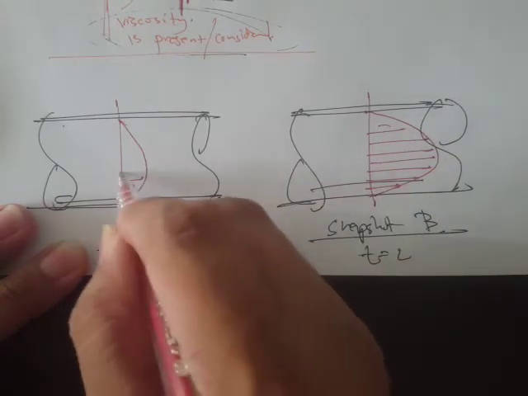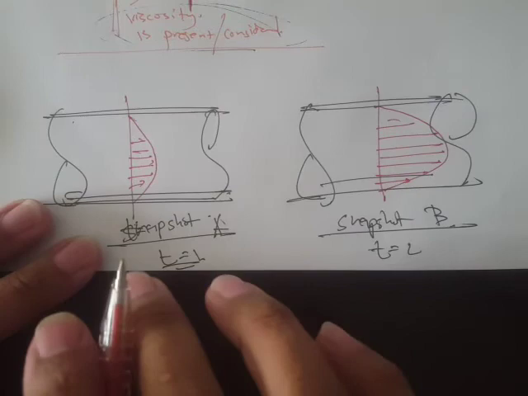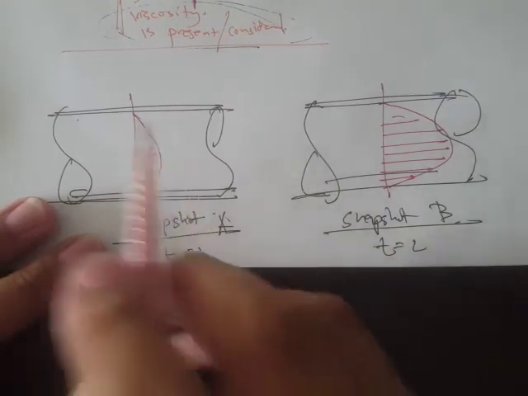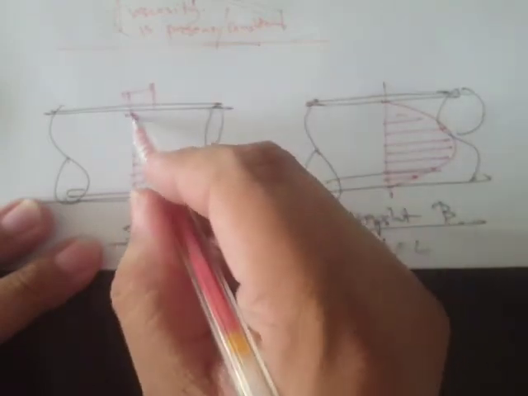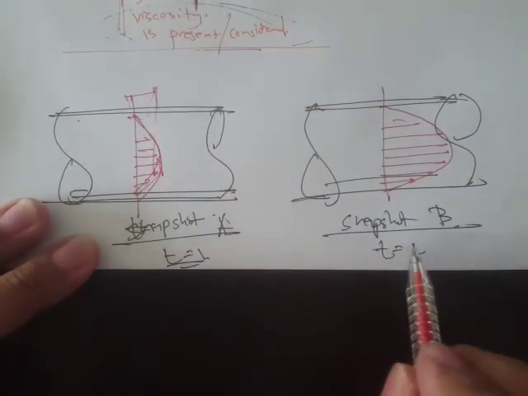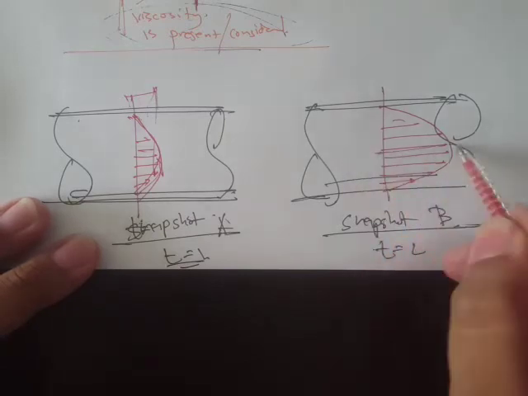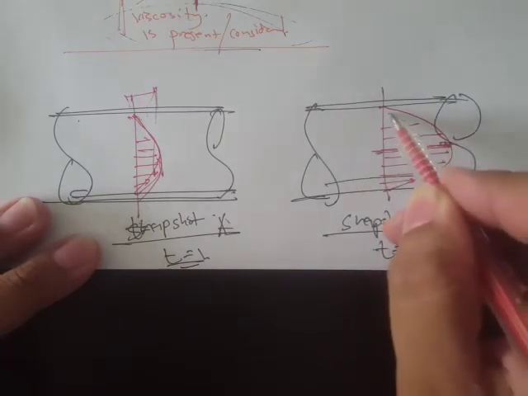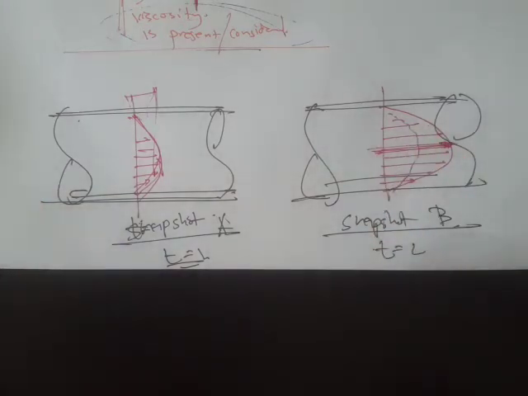Then we can say that this condition is a non-steady condition, right? Because at snapshot A, this is the maximum velocity or the profile, but in snapshot B, this velocity actually increased. Okay, so if this increased, then it means that the flow is unsteady.